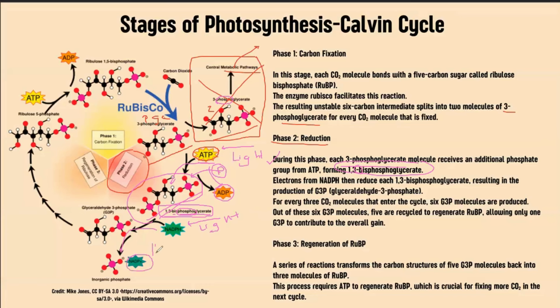So there's a missing hydrogen. Where did that hydrogen go? That hydrogen, now taking the 1,3-bisphosphoglycerate, created what is called glyceraldehyde 3-phosphate, or G3P.